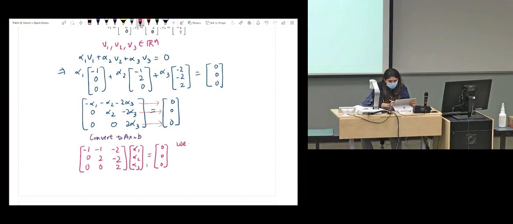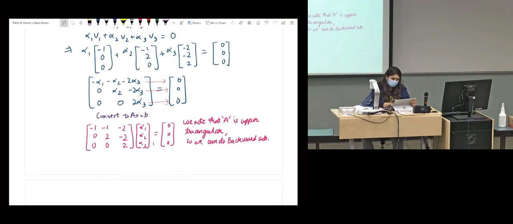We note that A is upper triangular. So we can do backward substitution.